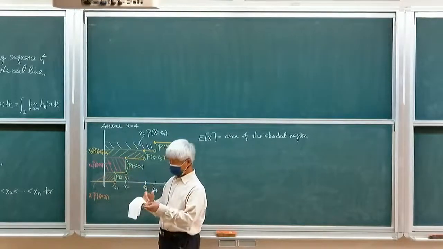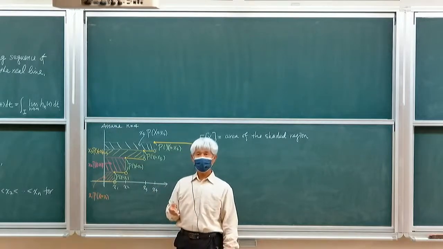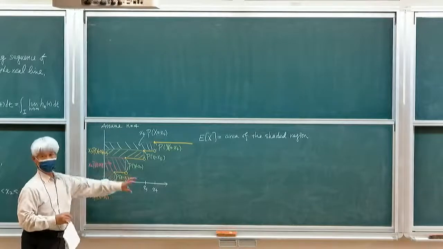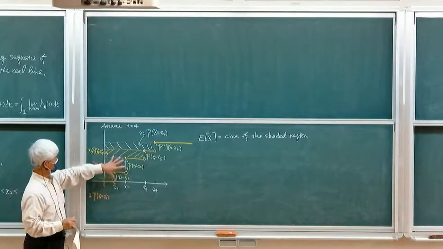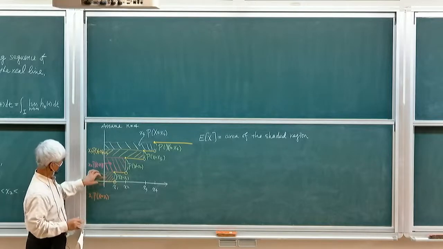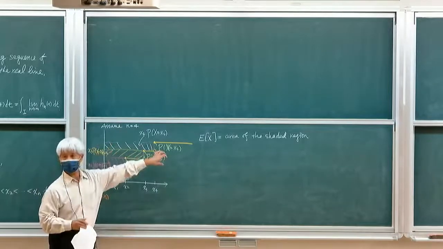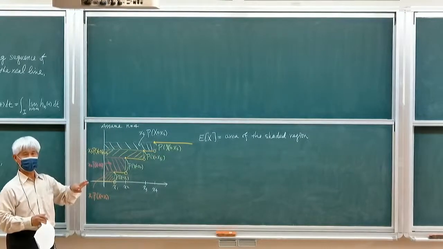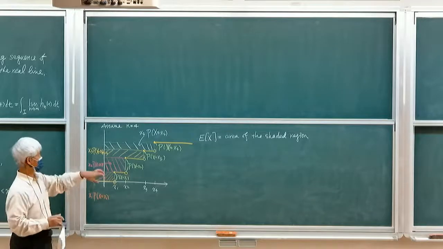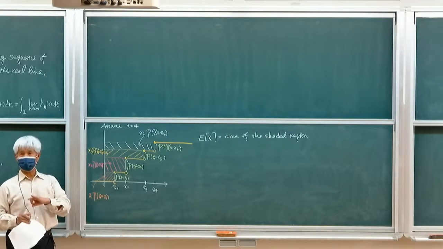But now we can compute the same area by using horizontal strips, right? 1, 2, 3, 4. So we have 4 strips, and the total area is the area of these 4 horizontal strips.